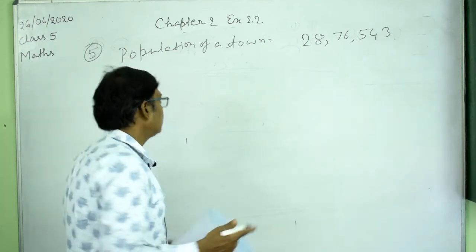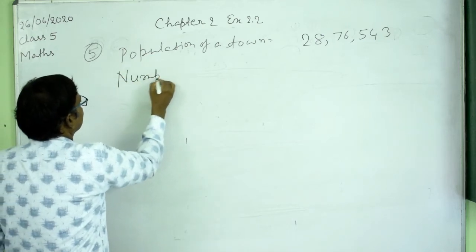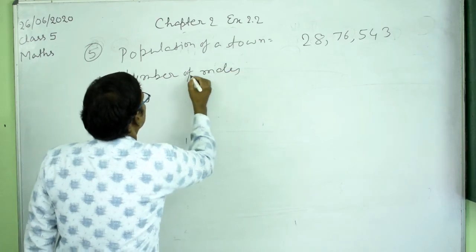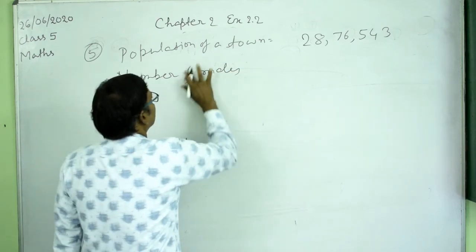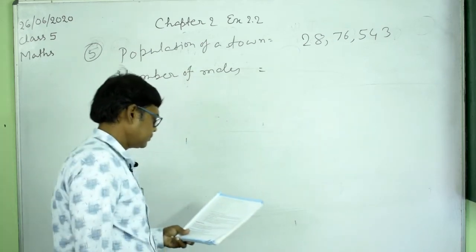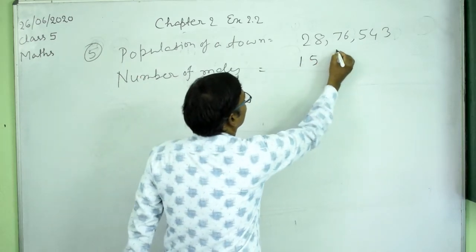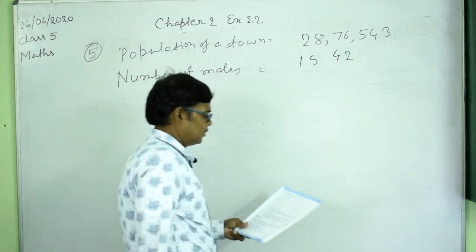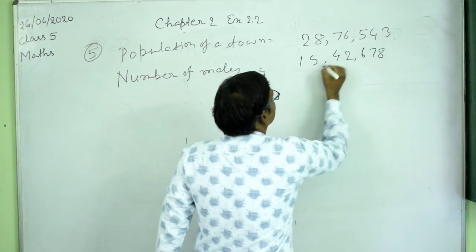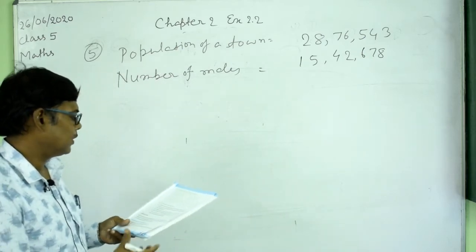So number of males equal to 15,42,678, and we have to find how many females are there in the town.